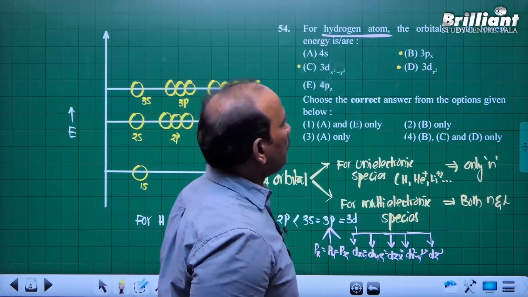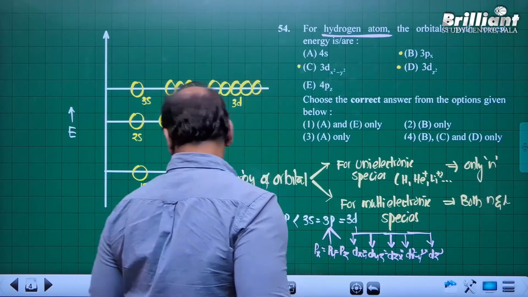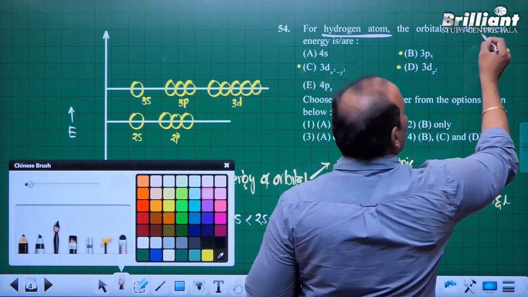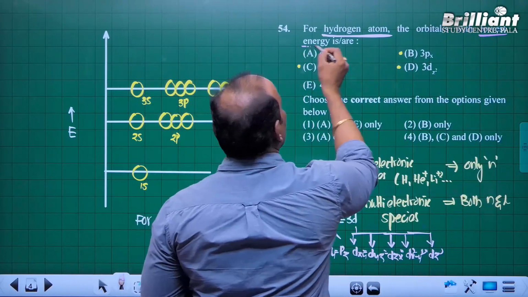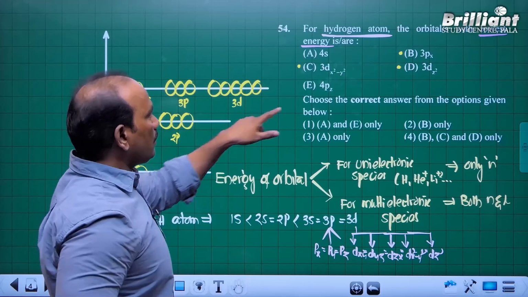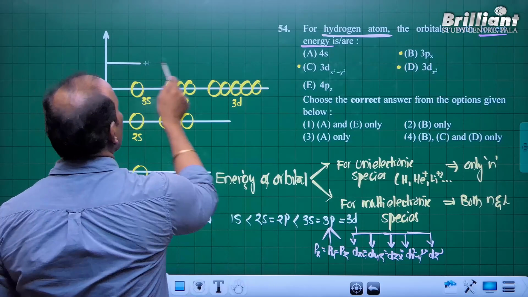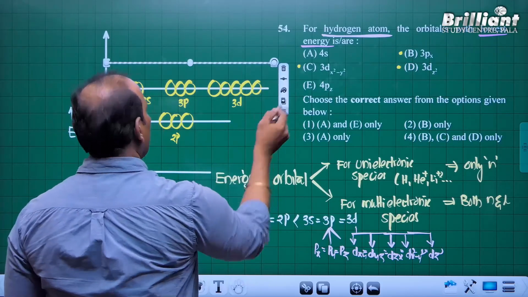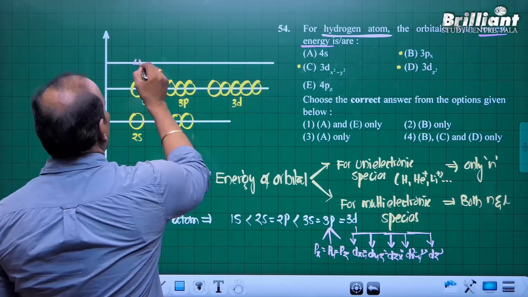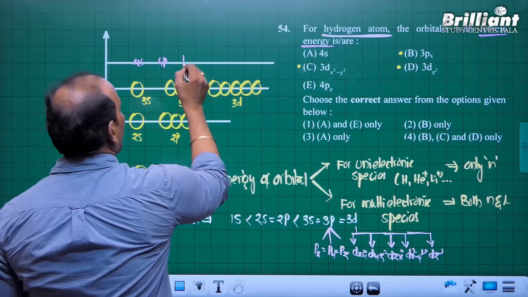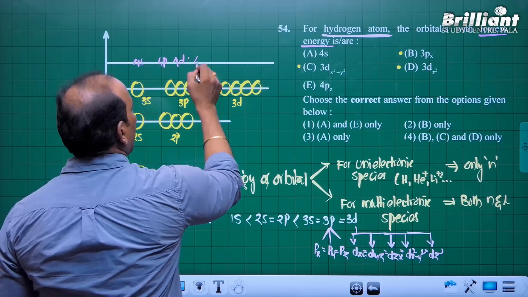What is given? For hydrogen atom, orbitals with lowest energy compared to here, 4s you take, here this is 4s, 4p, 4d, 4f.